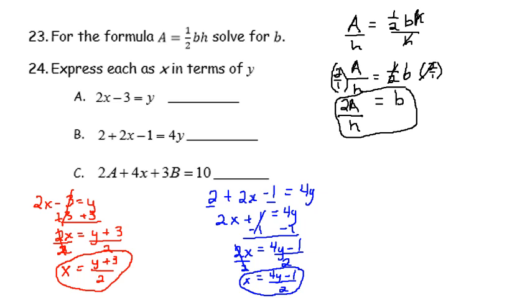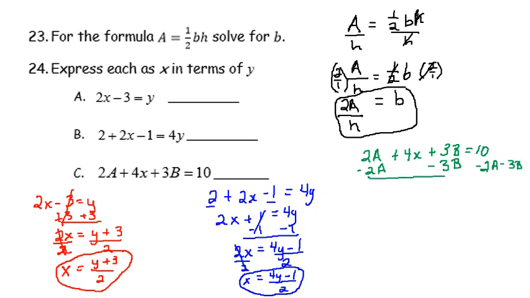Now let's try 24C. We've got 2a plus 4x plus 3b equals 10. So once again, we have to get the x all by itself. So what we're going to do is subtract 2a from both sides, and we can go ahead and get rid of the 3b by subtracting.